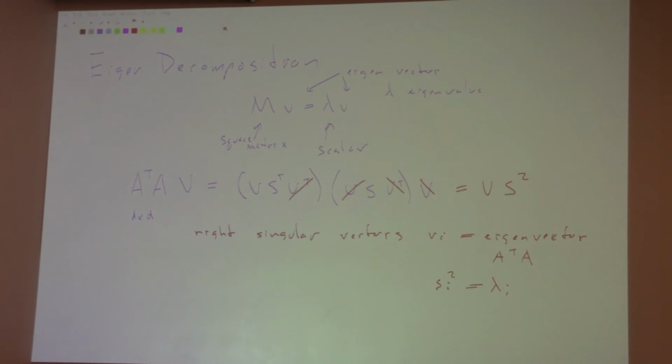Okay, and you can work out a similar thing: A A transpose, this is an n by n matrix now, is equal to U S squared. So now the left singular vectors U are going to be the eigenvectors of A A transpose.